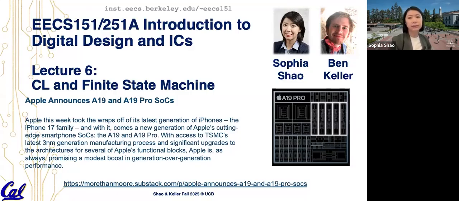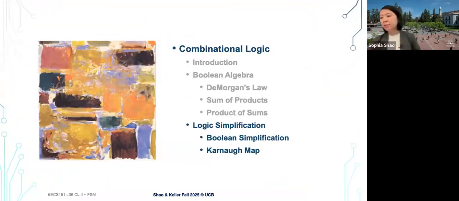So with that, a quick recap of what we discussed last lecture. We started talking about combinational logic, the importance of doing a more efficient implementation, and using Boolean algebra as a way to do simplification, right? For homework this week, you will play with different Boolean expressions and see how you can get the simplified logic. For today's lecture, we're going to talk about a pretty cool way of doing simplification by hand.